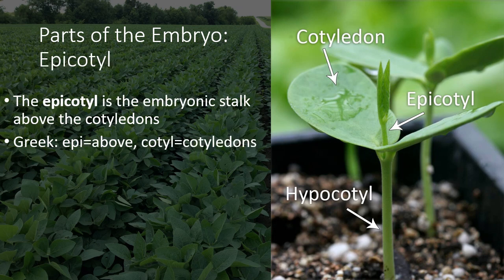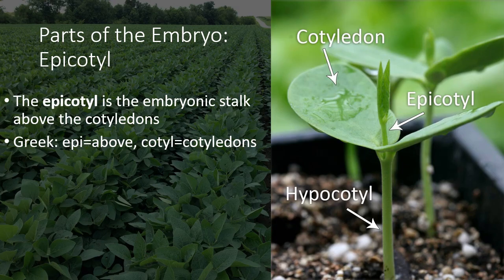The epicotyl is not present in all seeds. The epicotyl is the embryonic stalk above the cotyledons. Some species of plants wait to produce an epicotyl until after they have germinated, and they basically just have a little bud inside the seed rather than having a preformed epicotyl.